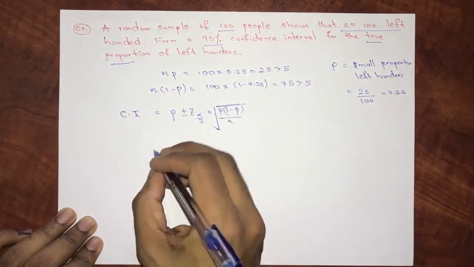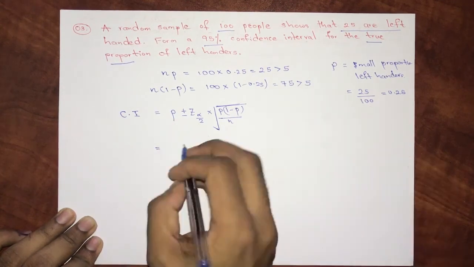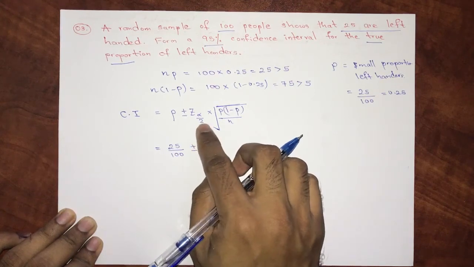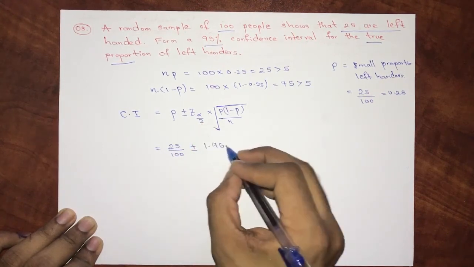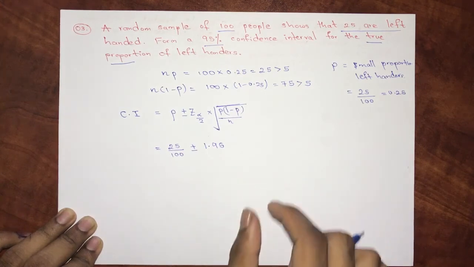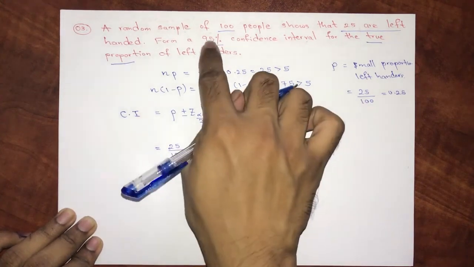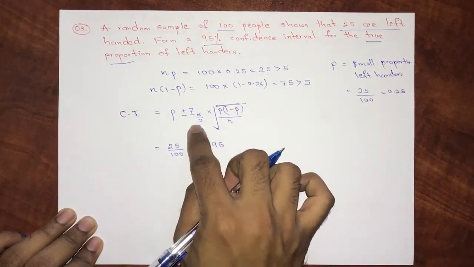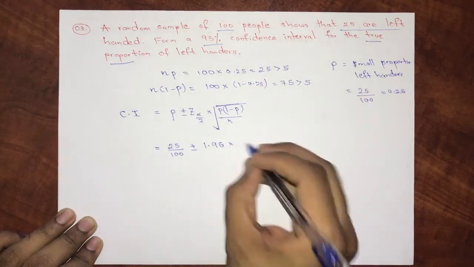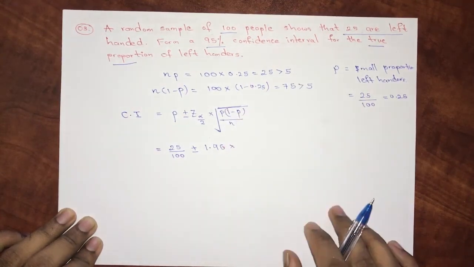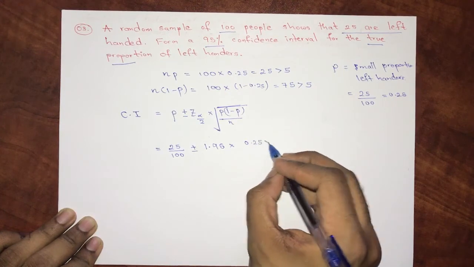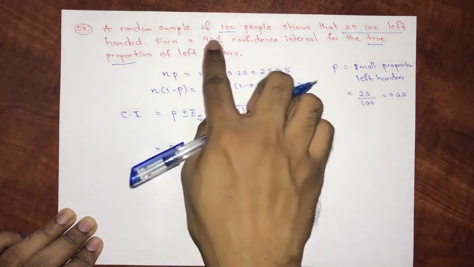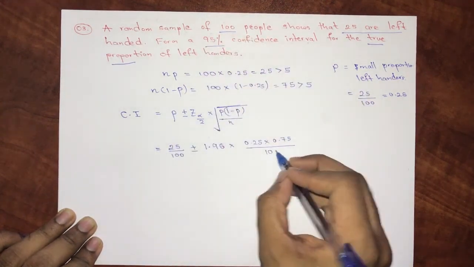Right. So in this case, do we know p? Yes, we do. 25 over 100 plus or minus z alpha over 2 is 1.96. By this time, you should be very confident about this value now, because the corresponding value for 95% with respect to Z is 1.96. Then let's substitute the values over here. P is 0.25, 1 minus P, 1 minus 0.25 is 0.75, divided by N, sample size is 100.